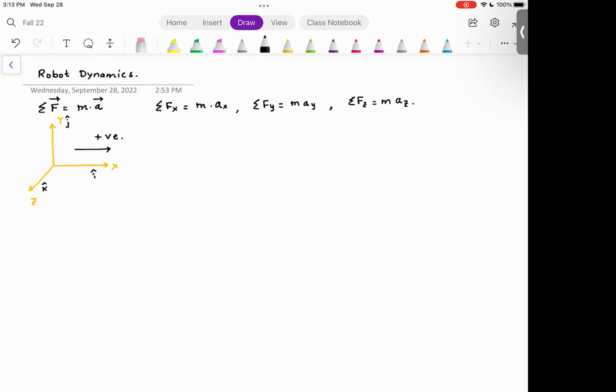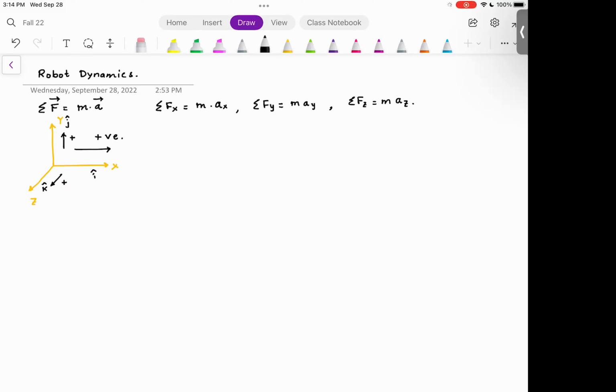Same thing happens with velocity. Same thing happens with jerk. Any vector quantity where the direction is aligned with the coordinate system is going to be positive. And this is simple, but very, very important when we actually decide the forces and the moments.